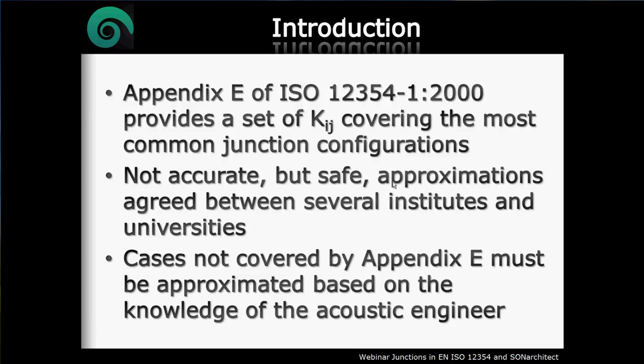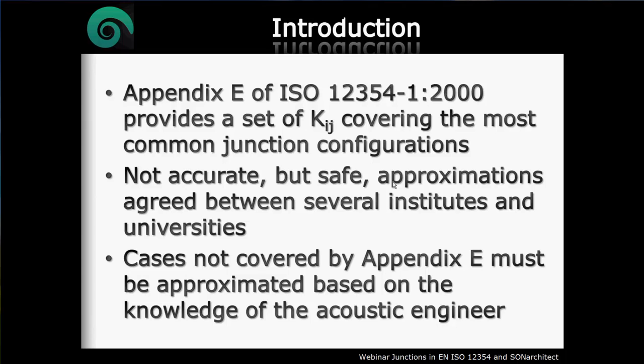So in fact, at the end, what we have in this Appendix E are useful models for making calculations, but we still are at the beginning of this process of calculating the sound reduction index with reliability. So we still need the knowledge of the acoustic engineers to make this calculation trustful.